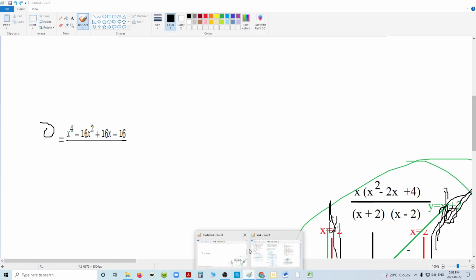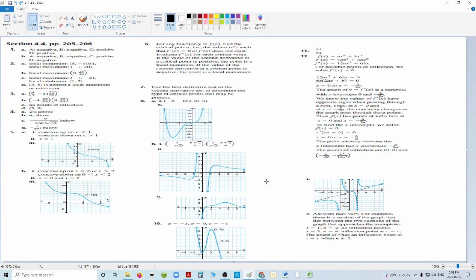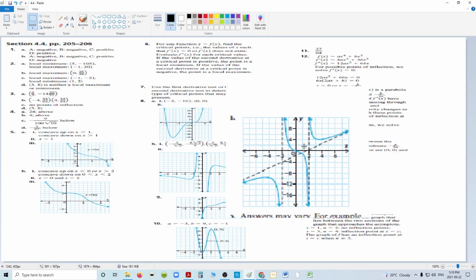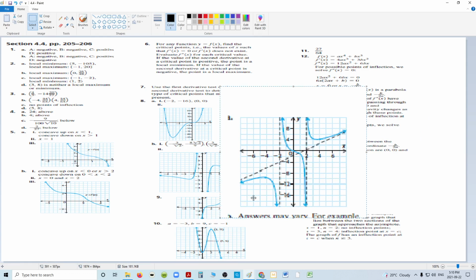I think the book is just going to show us a drawing, which is always a pain, instead of explaining. Yeah, they just did it here. They're not really implying that there's a way to find the max min points. You'd have to just plug in some points and come close.